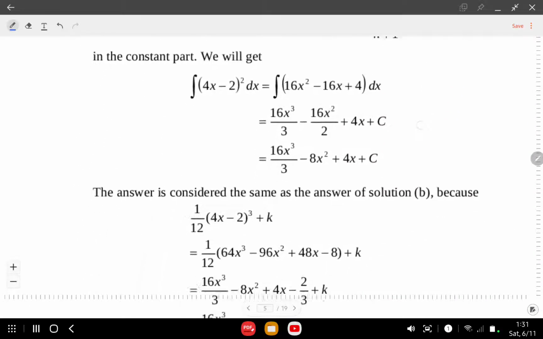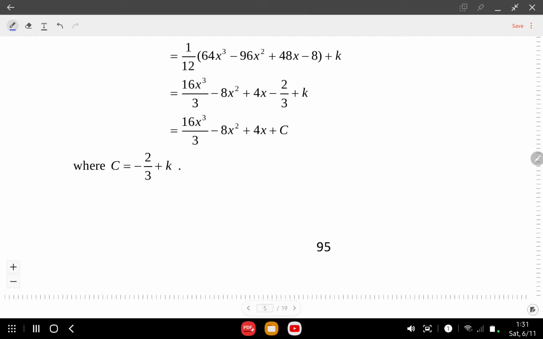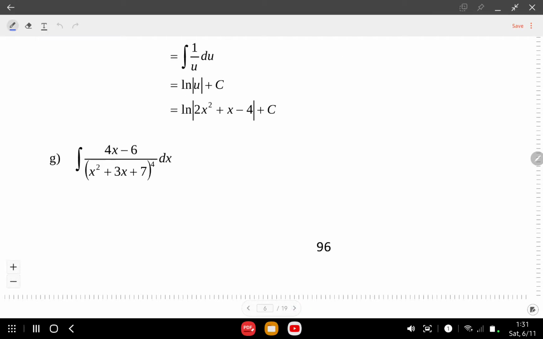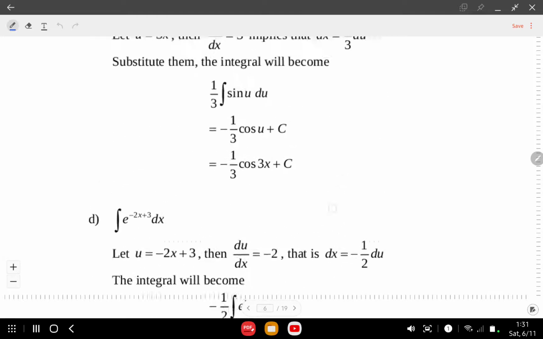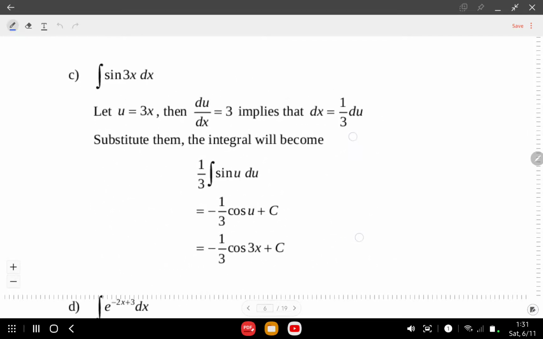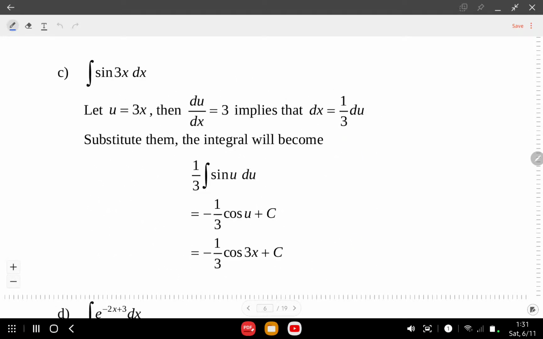Okay, let's take a look at another example, which is example C. So this time we have the integration question involving trigo function. So this is our original question. So we choose our u is 3x.